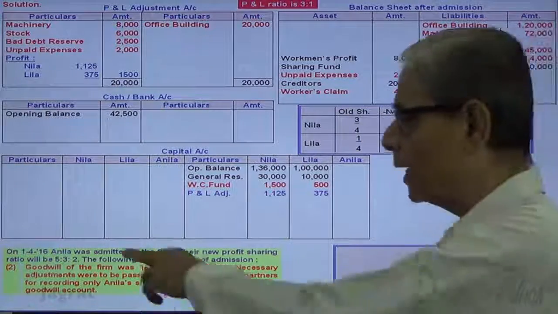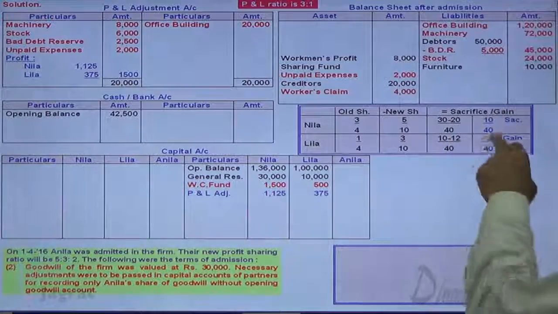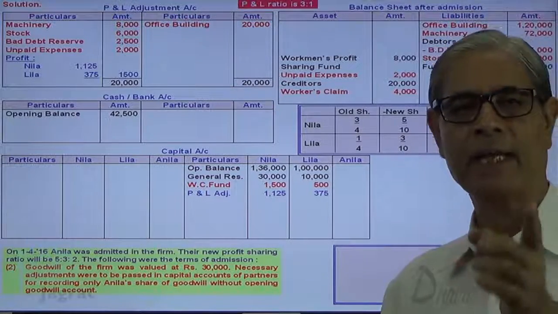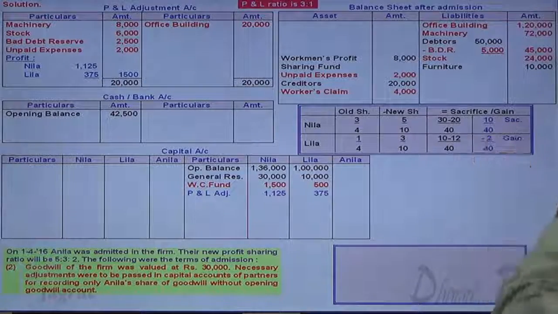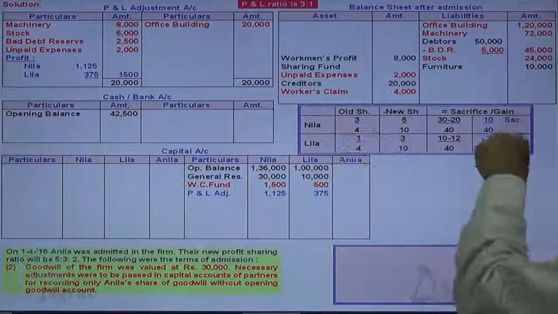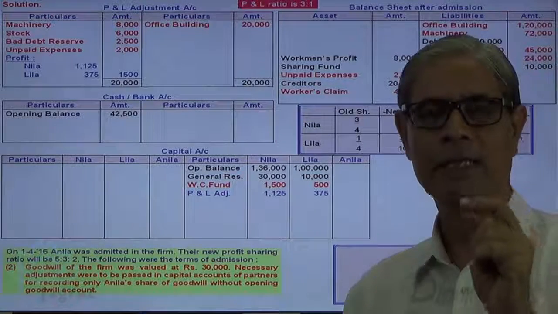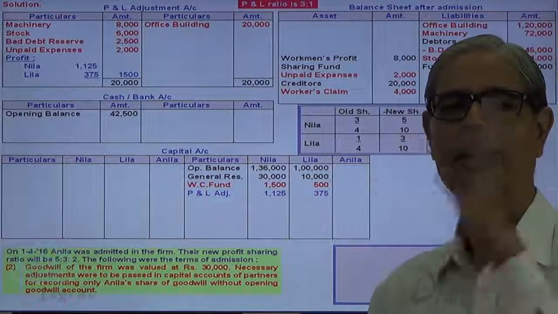Now the new partner Anila, the gain of Anila is 2/10. The gain of Leela is 2/40. So both of them have to pay, so their capital accounts will be debited. And the sacrificer, Neela, has sacrificed 10/40. So she will get 10/40 as her share in goodwill sacrificed. And when she is going to get, her capital account gets credited.